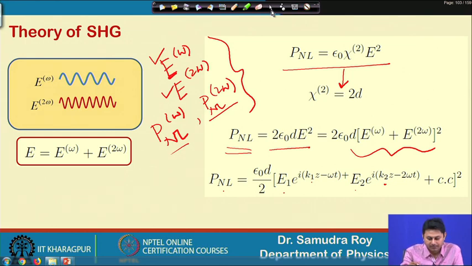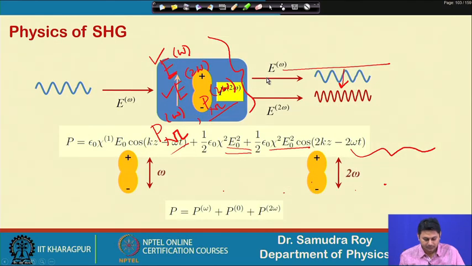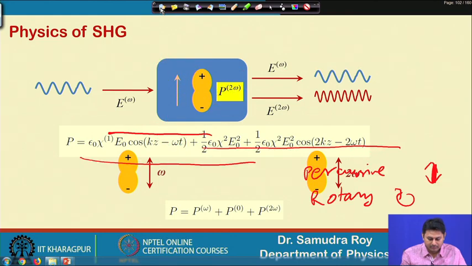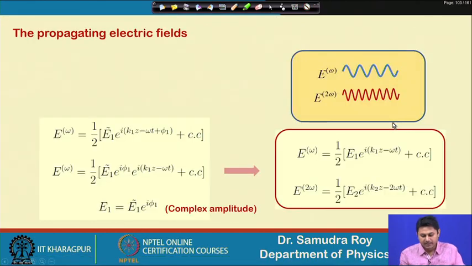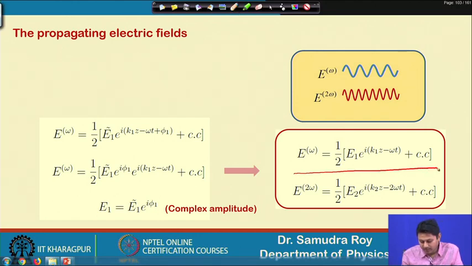let us go back to our previous slide. Here you will find that E1 and E2 are this. Once we have E1 and E2 in this form, we need to find out what my P nonlinear is.